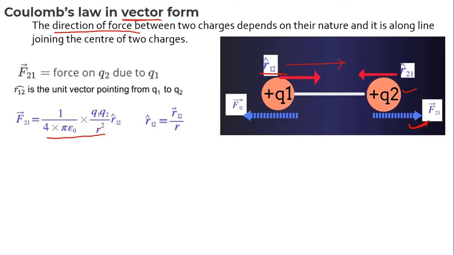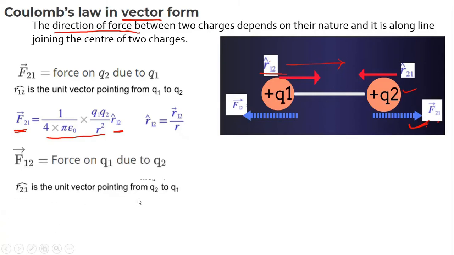Since we are dealing in vector form, in the direction of F21 we have a unit vector, R12. Here R12 and F21 point in the same direction. This is our balanced equation in vector form, where the unit vector R12 can be represented as vector R upon its magnitude.